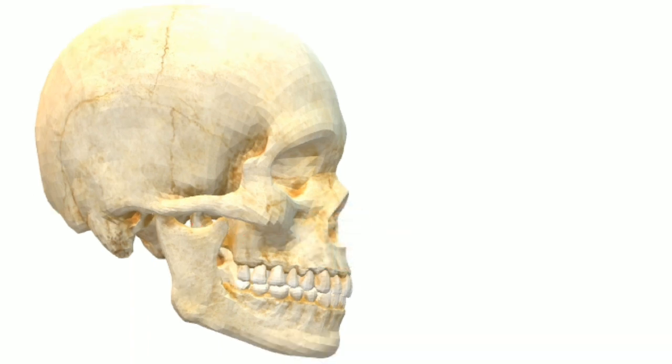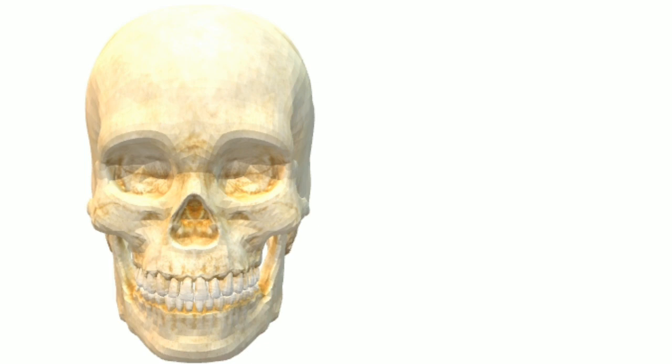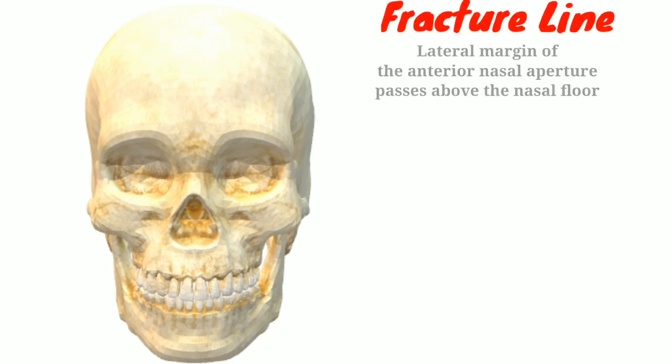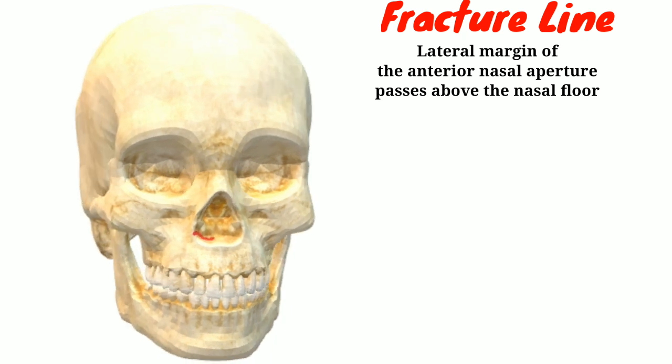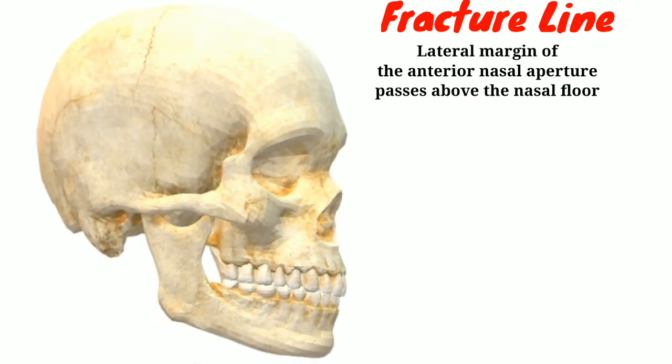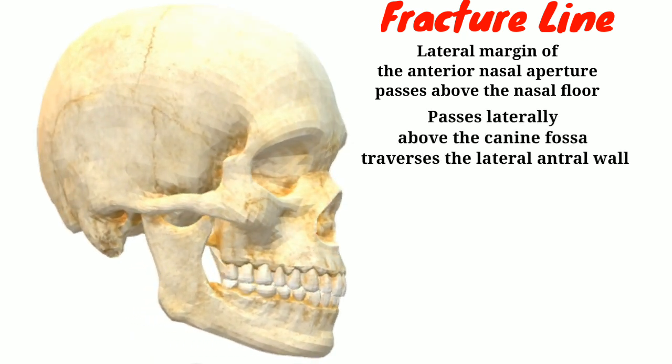When this trauma takes place, the fracture starts at the lateral margin or the rim of the piriform aperture. It will start from here and cover the floor of the nasal fossa, and laterally it will travel above the canine fossa.